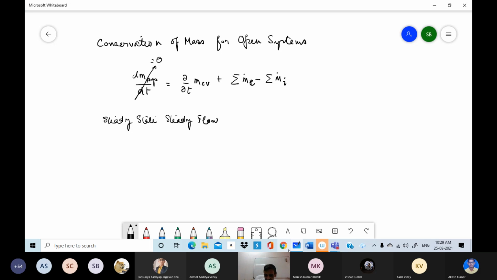The system boundary moves, but if I sit in one position and observe, the values don't change. So if I integrate the density into the volume element for the entire control volume, the mass does not change with time. So that value of the complete integral will also remain the same.